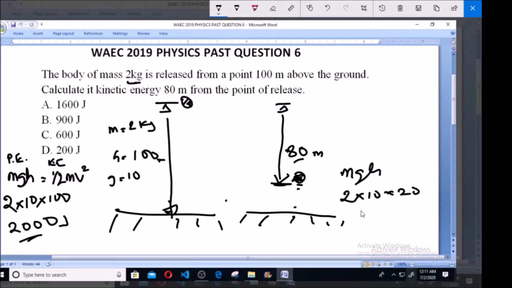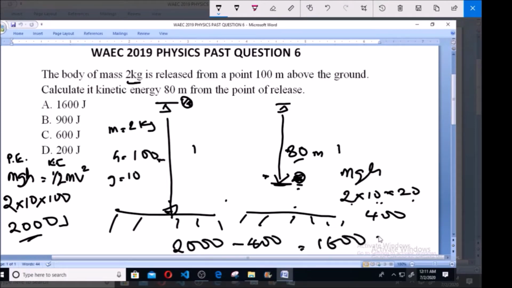So if you multiply this out, you're going to have 2 times 10, 20 times another 20, we have 400. So what is at this very point is going to be the energy here minus the energy in this instance, which is going to be 2000 minus 400, which will give us 1600 joules. And that is option A.